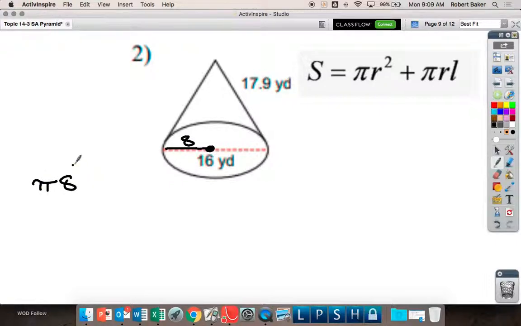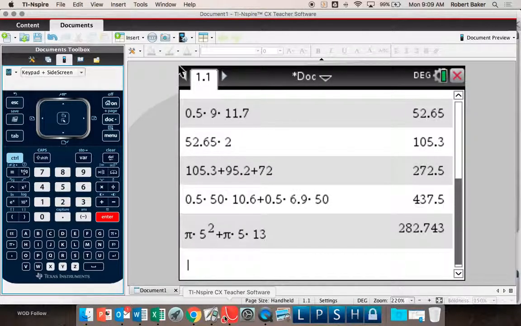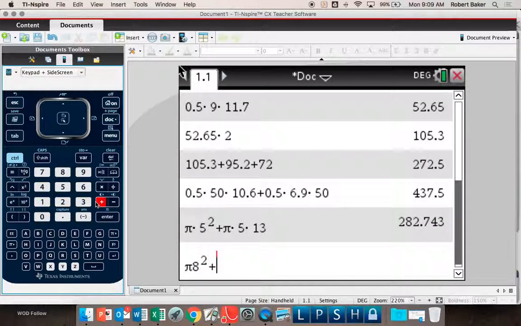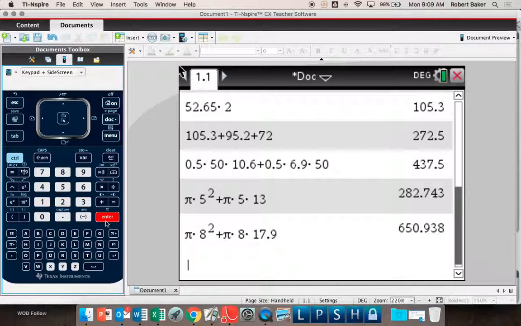Pi r squared plus pi r L. Type it in and see what we get. Was it 17.9? Yes. 650.94.